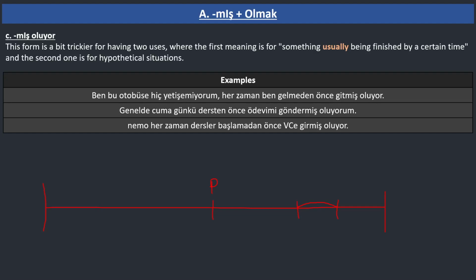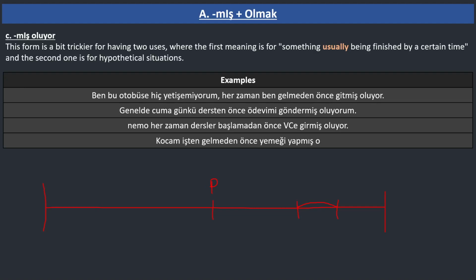Maybe we can use some timestamps to make this a bit more specific. For example, kocam işten gelmeden önce yemeği yapmış oluyorum. Before my husband comes from work, I am always finished cooking the dinner.